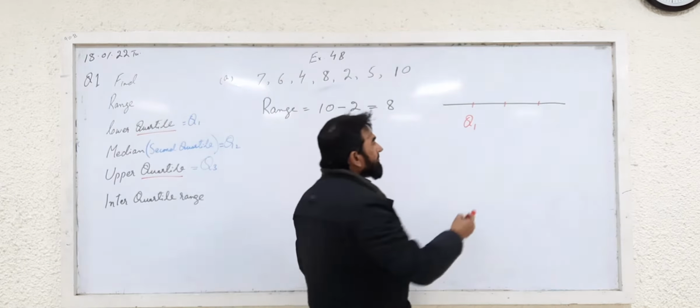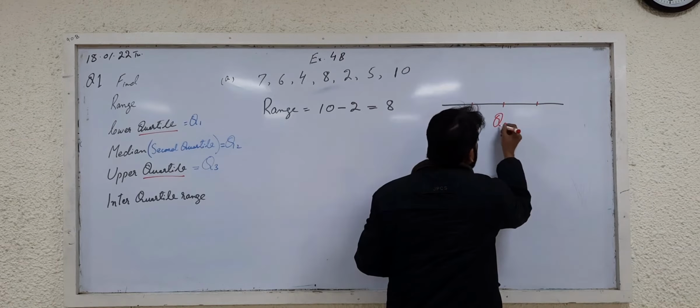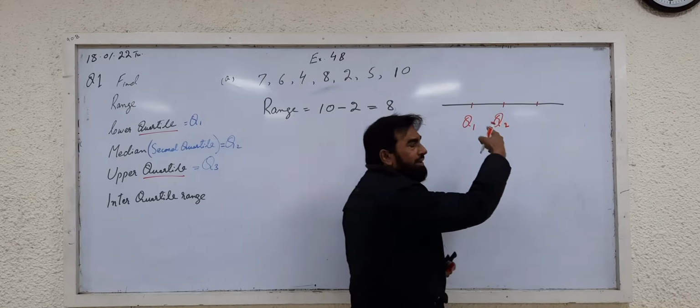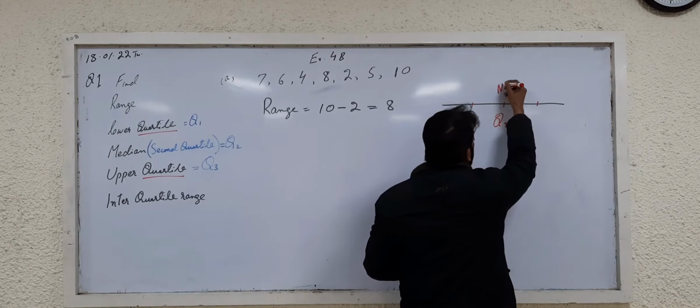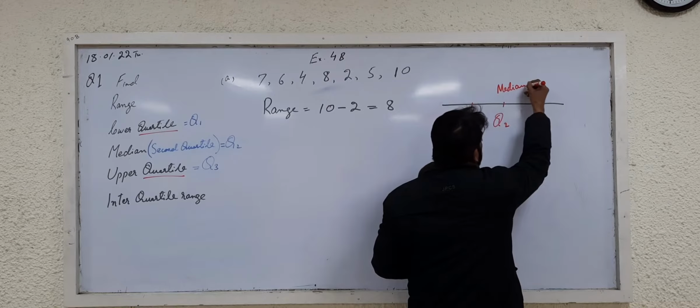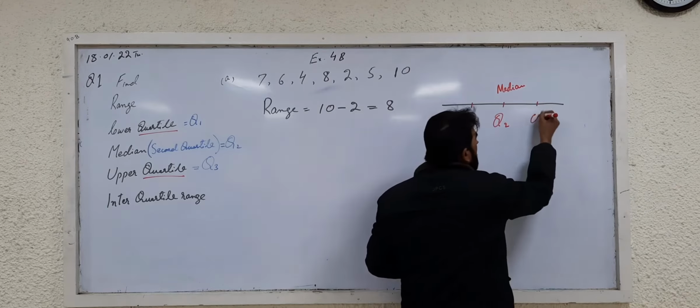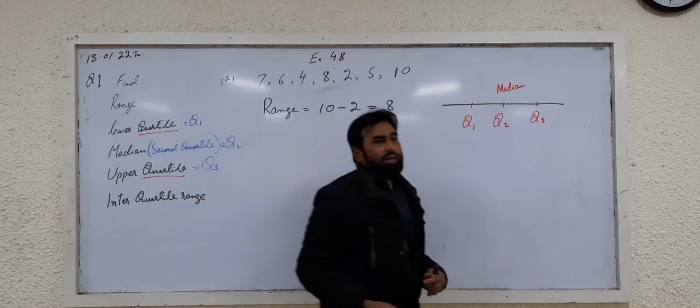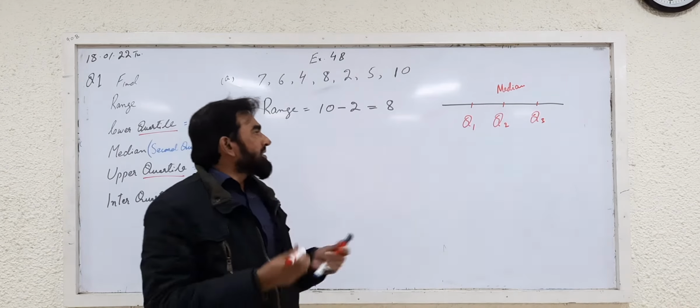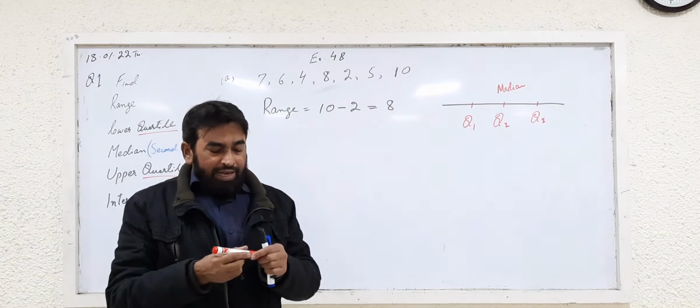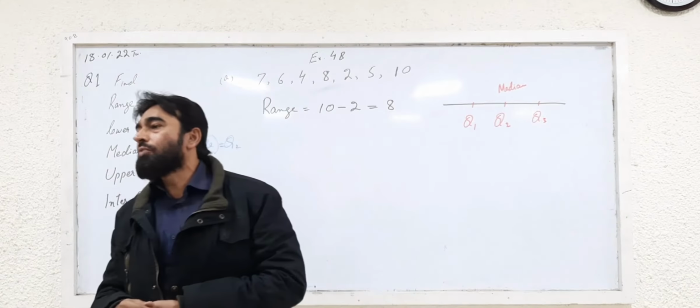Q1 is called the lower quartile. Q2 is called the second quartile or the median. The second quartile is also called median. Okay? And this is called the third quartile. These quartiles are calculated according to the frequency of the data.